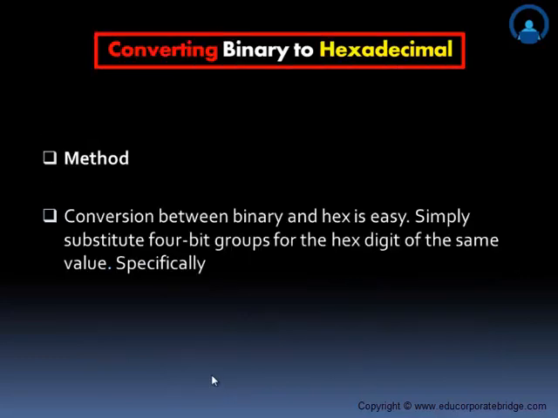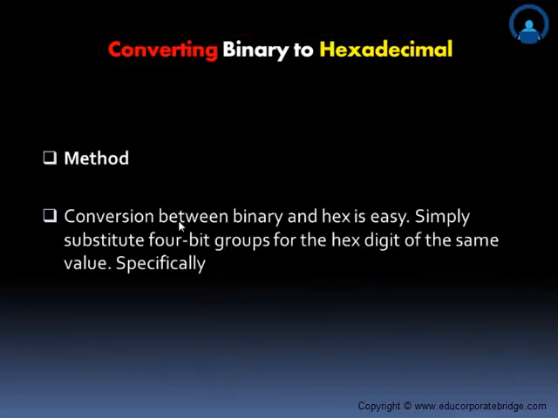The next step is converting binary to hexadecimal. The conversion between binary and hex is done in a similar way, but the only difference is that the binary number, for example 1010, is divided into groups, and each group has 4 bits.